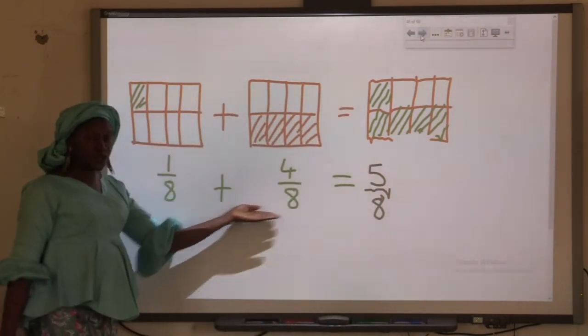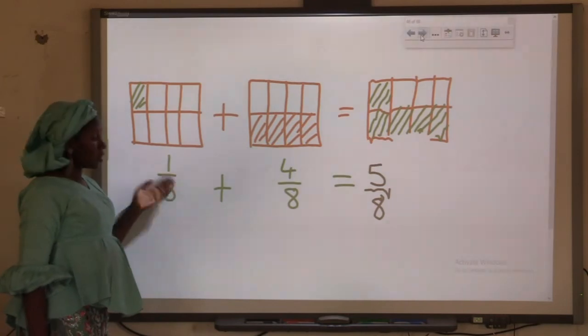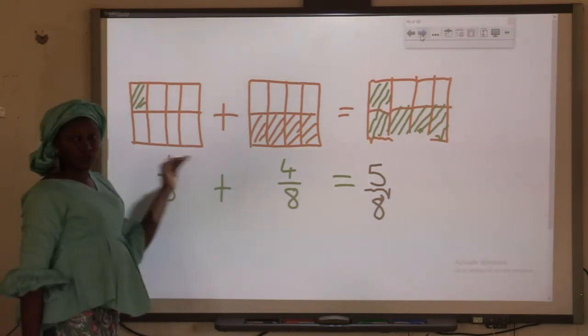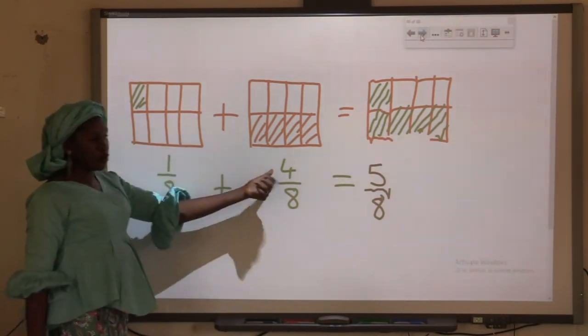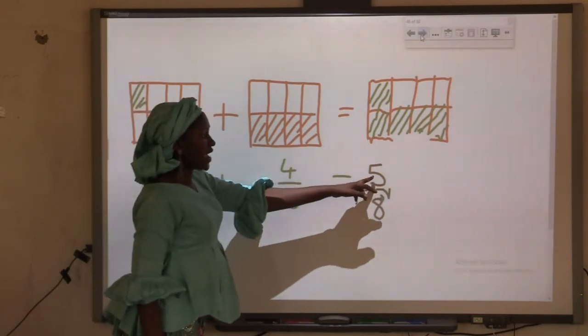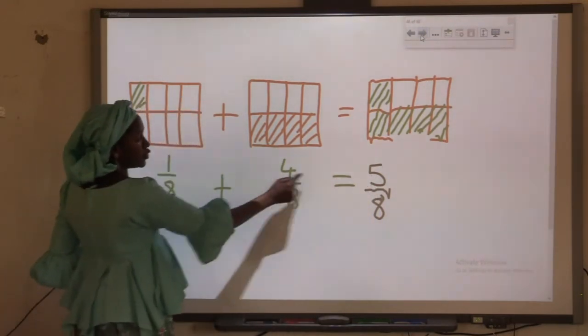Again, the same denominators, we are adding the numerators. That is 1 plus 4, which gives us 5. 1 plus 4 is 5.